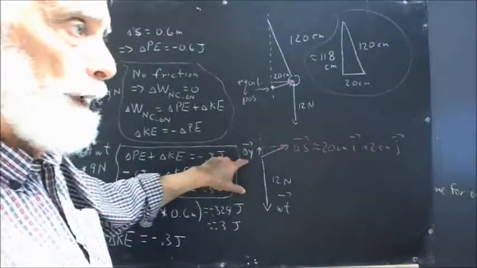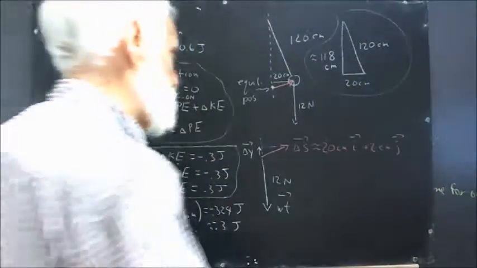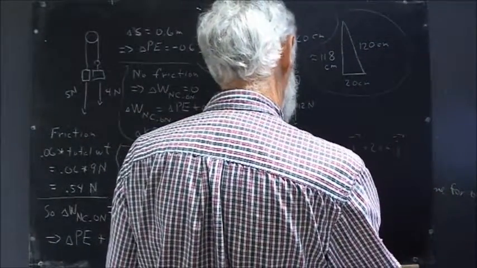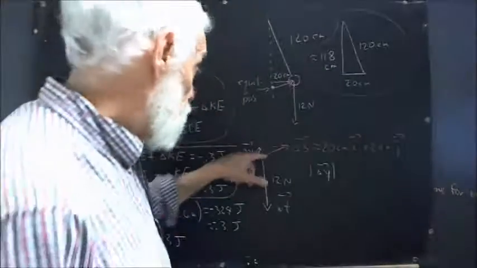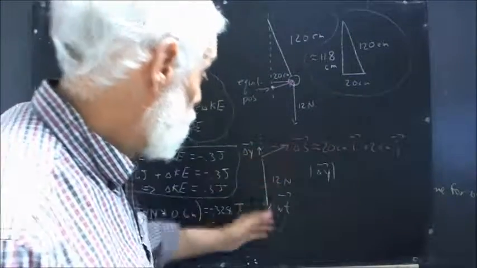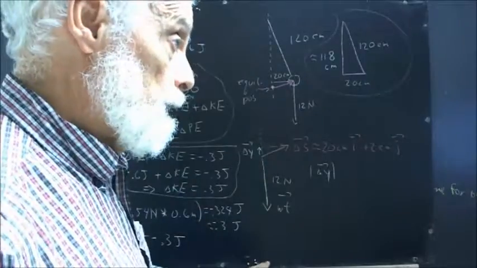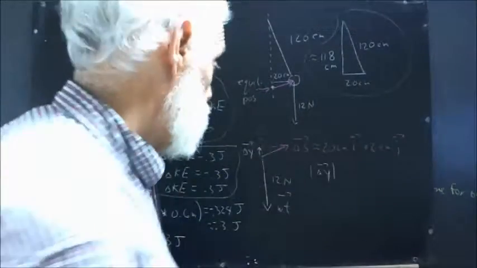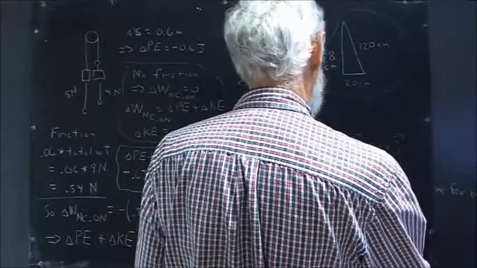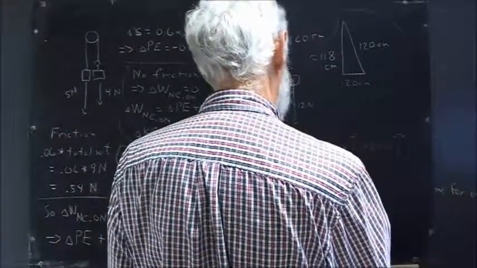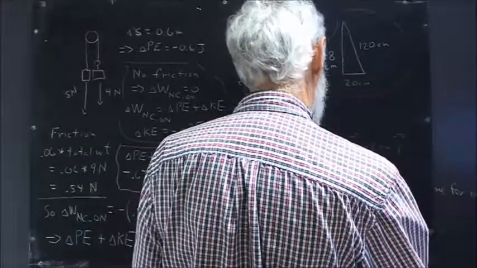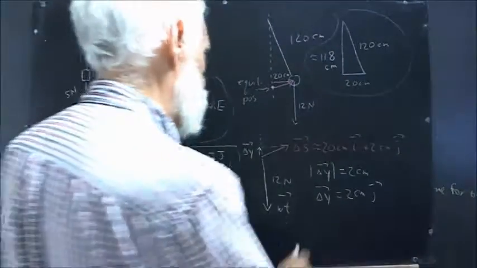What is the magnitude of the delta y vector? That's just going to be the j component of this vector. Since the weight is parallel to the y-axis, the delta y vector is going to be the 2 centimeters. And of course the delta y vector, if we want, is 2 centimeters times j.